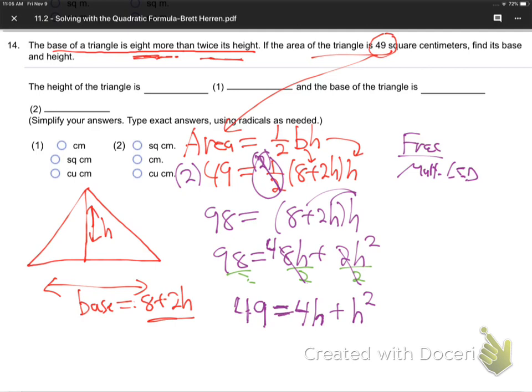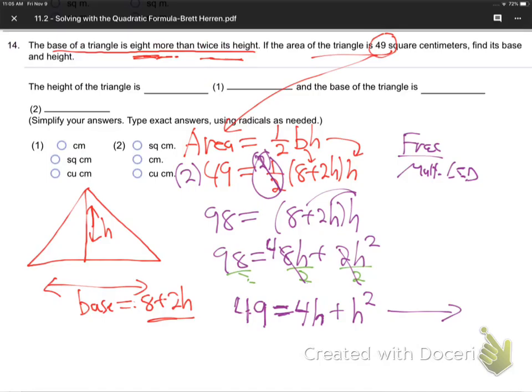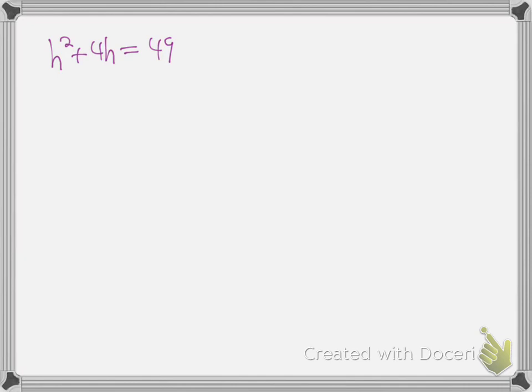Like that. Okay, so let's go to a fresh screen and finish solving for h. I'm going to flip it around, so we're going to have h squared plus 4h is 49. All right, you know the game plan by now. Get a 0.